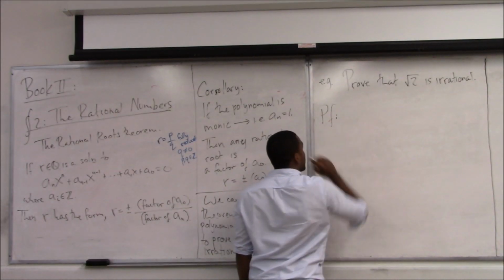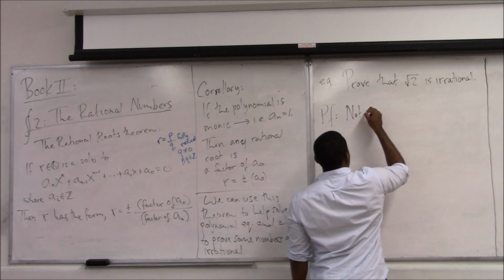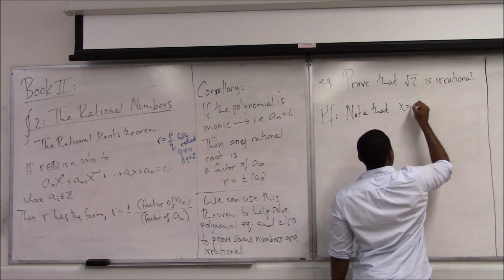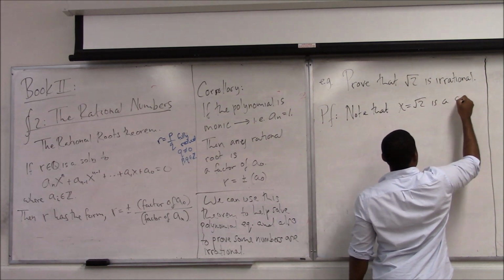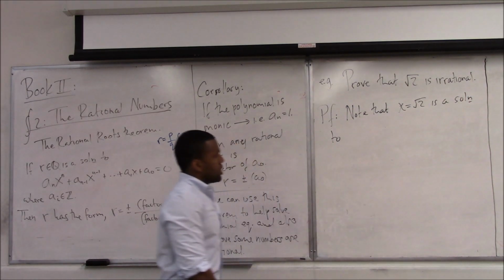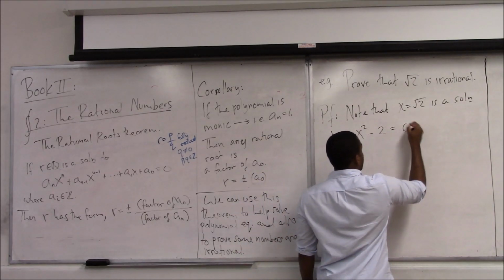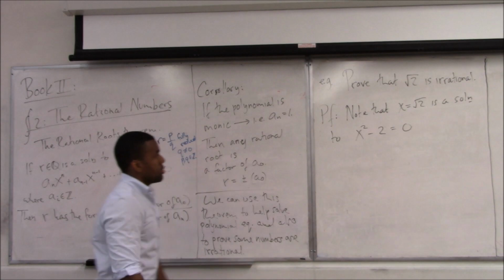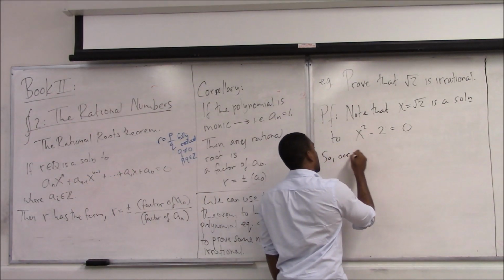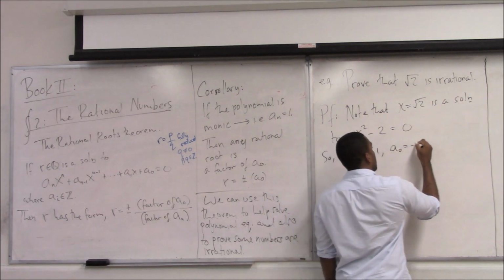Proof. Note that x equals square root of 2 is a solution to, we found an equation that this was the solution to already. This was x squared minus 2 equals 0. So our a_n would be 1, and our a_0 would be minus 2.